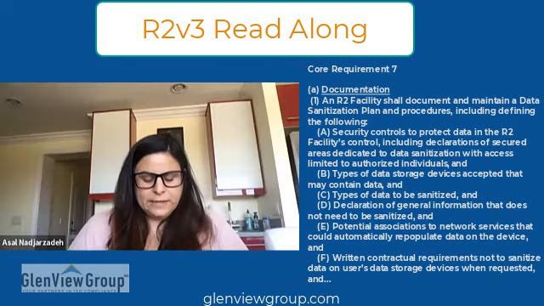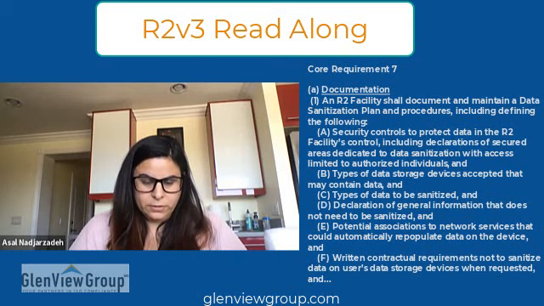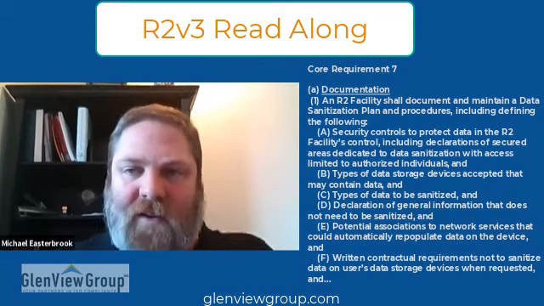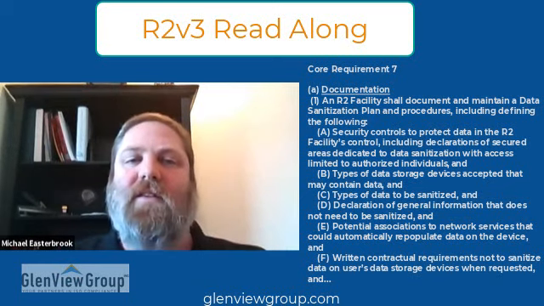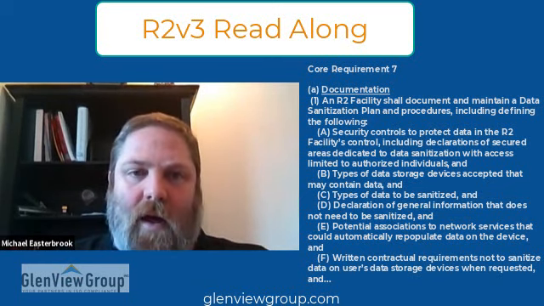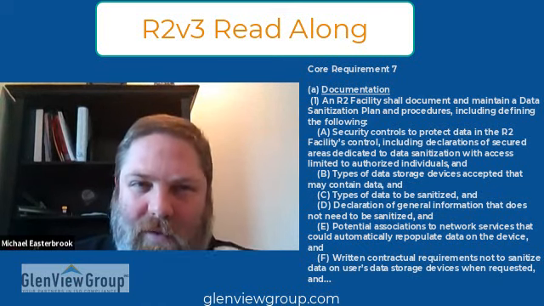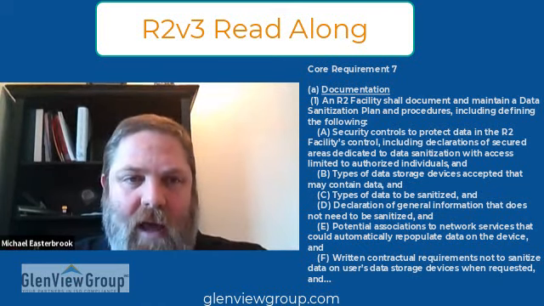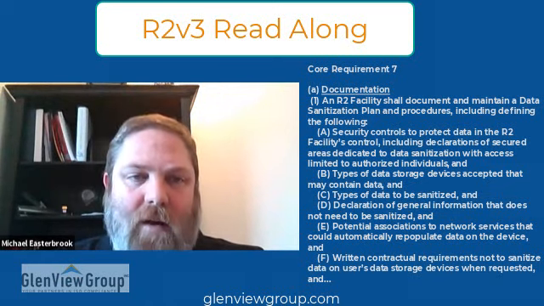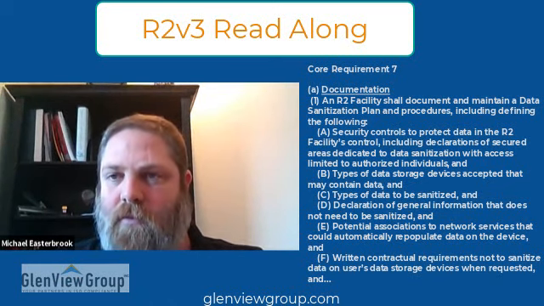But the difference is now that we have to document it now, right? Like as opposed to before. Yes. Specifically, all of this is calling for the documentation to say what type of data is going to be sanitized. So the other one was data storage devices, and then this one is the types of data to be sanitized. Right.